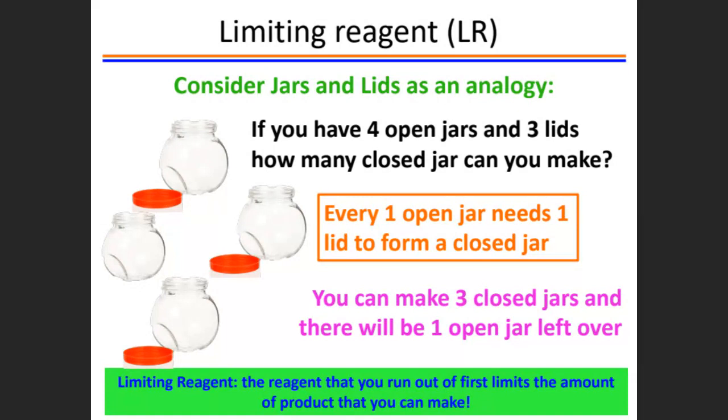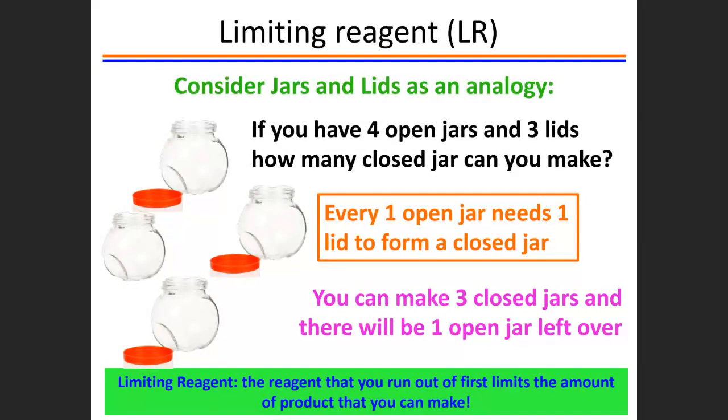So the limiting reagent is the reagent that you run out of first, which limits the amount of product that you can make. Let's make it easier. If we don't have the fourth lid, we cannot close the fourth container or jar, correct?